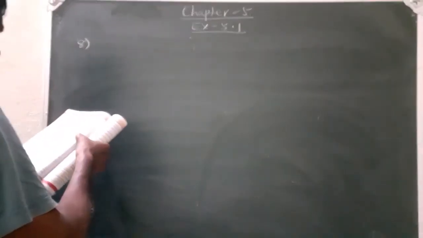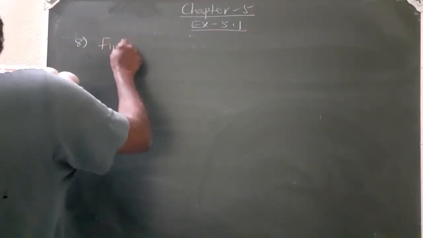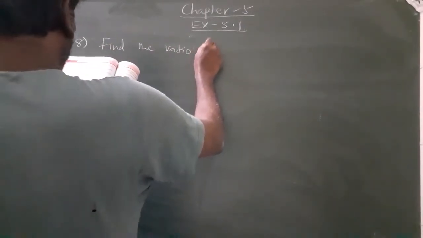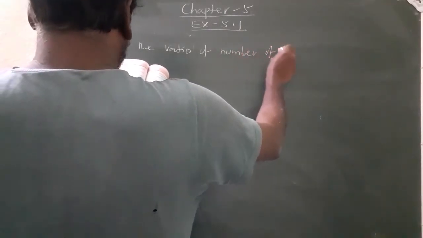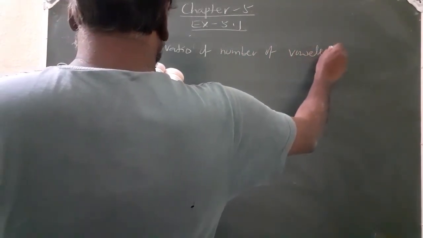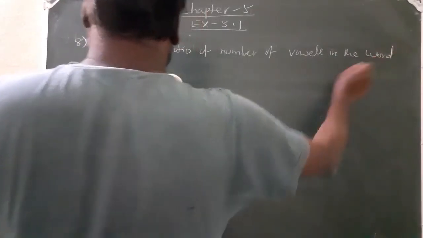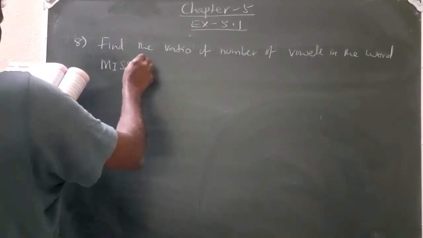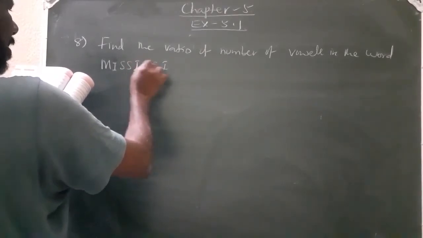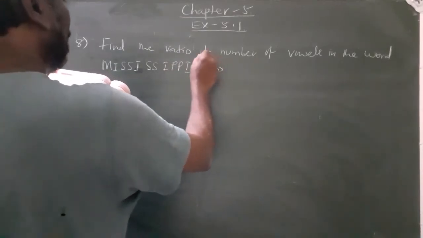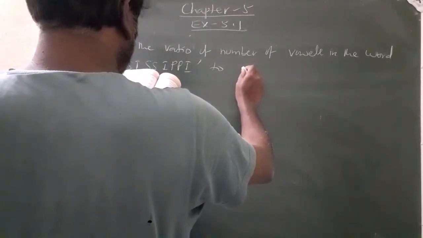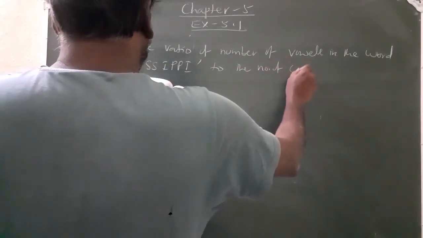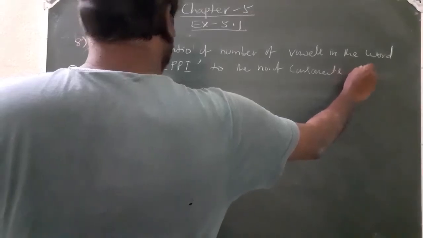Eighth one, find the ratio of number of vowels in the word Mississippi to the number of consonants in the simplest form.